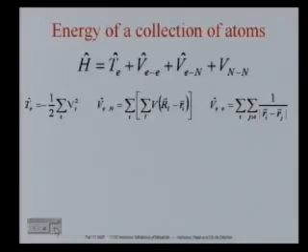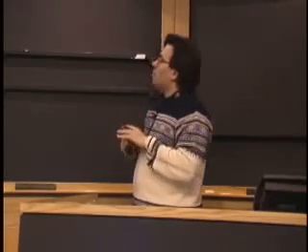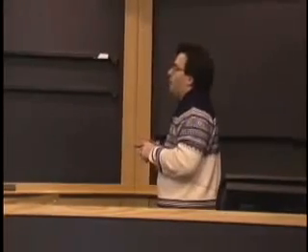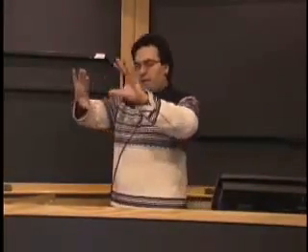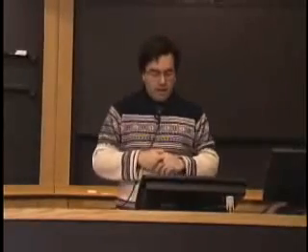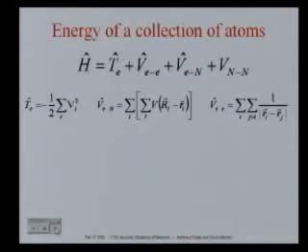Okay, so this now becomes our most general expression for the Hamiltonian, and so also for the energy of a set of nuclei and a set of electrons. That is really our picture of a molecule or a solid. And again, we will have the nuclei generating Coulombic attractive potentials in every position where they are.